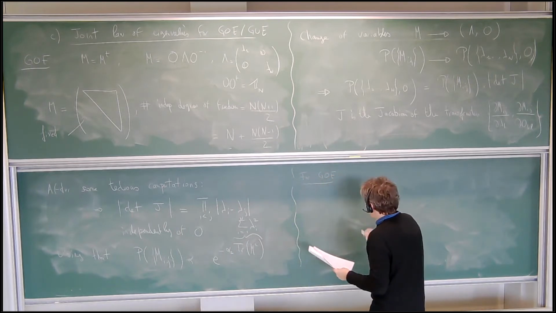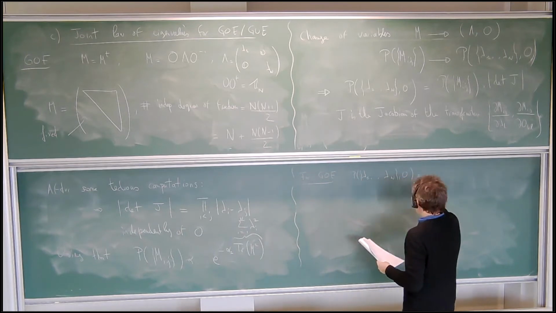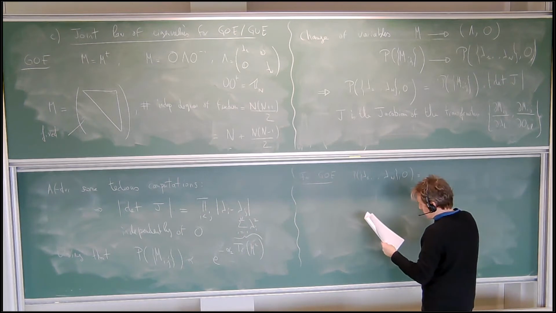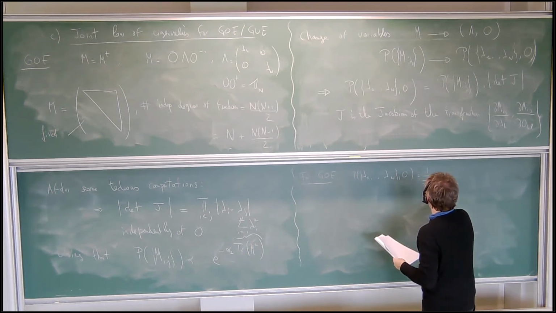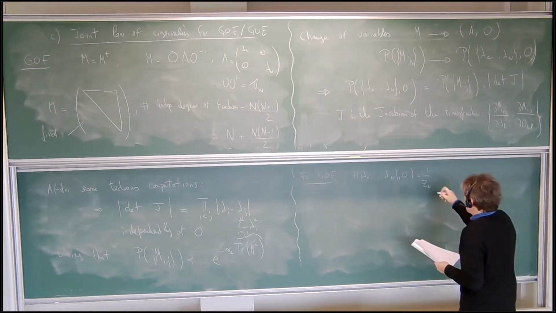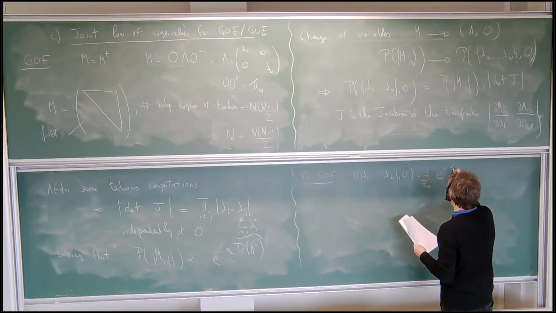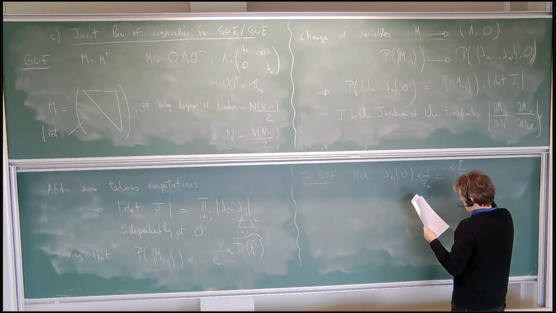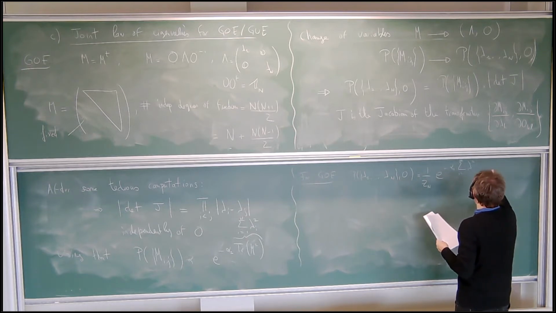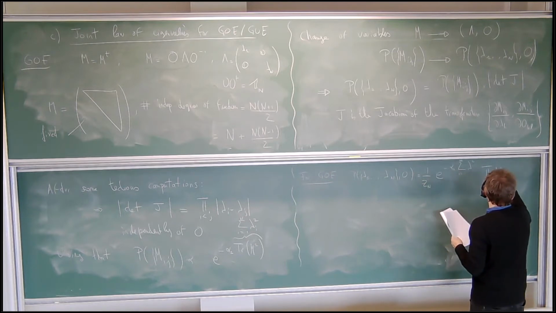And eventually for GOE, what we find is that the joint distribution of the eigenvalues and the eigenvectors O is, up to some normalization constant, simply of that form: exponential of minus alpha 1 sum from i equal 1 to n of lambda i squared times the product for j bigger than k of the absolute value of lambda j minus lambda k.